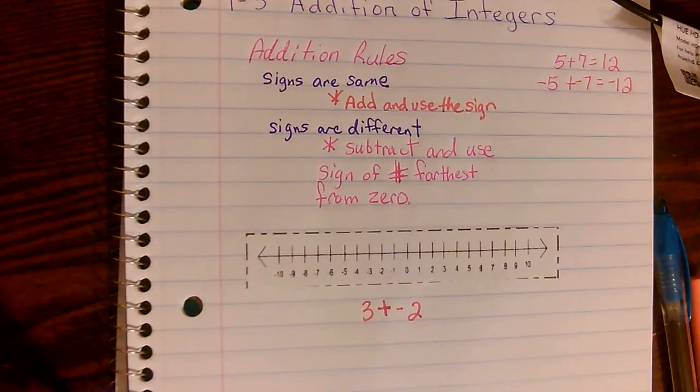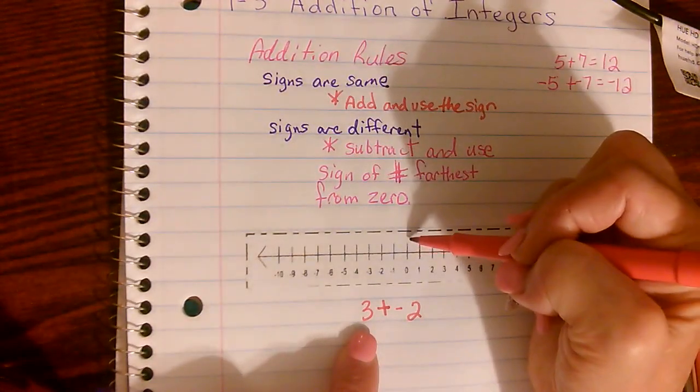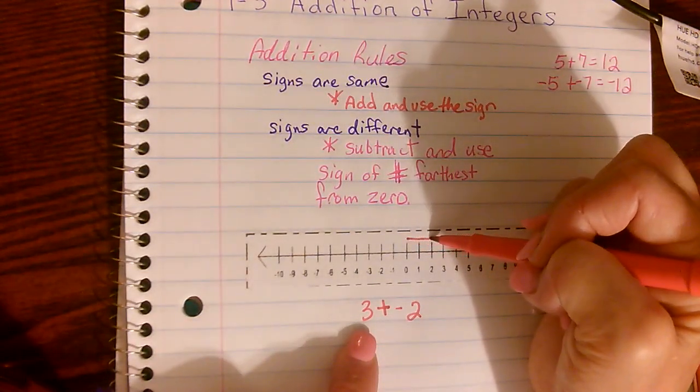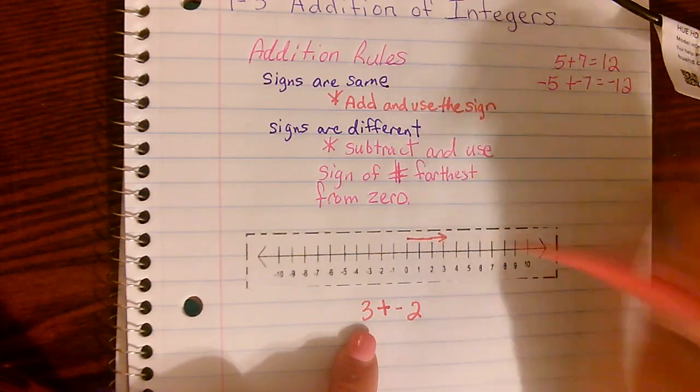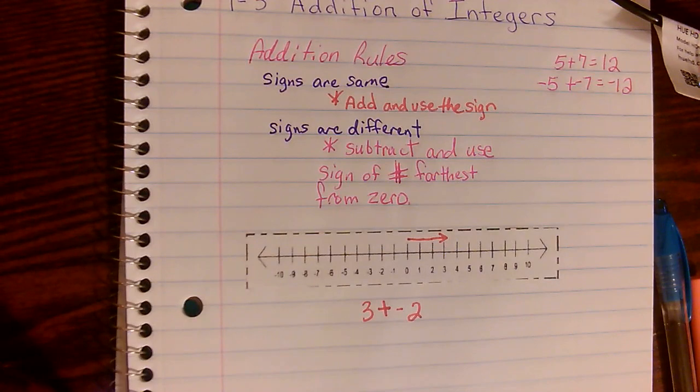Okay? 3 plus -2. Whenever you start a math problem and you're using a number line, you start at 0. The first number is 3 and it's positive. So I'm going to go to the right 1, 2, 3 from 0 and draw an arrow. Then it says plus -2.